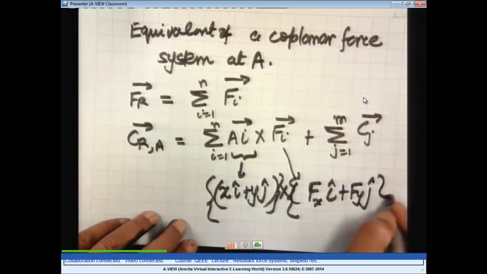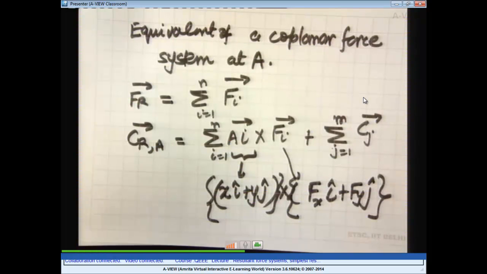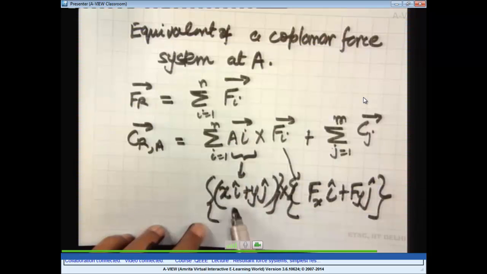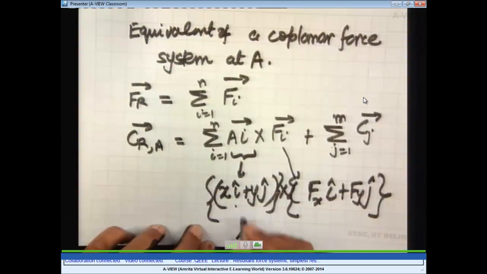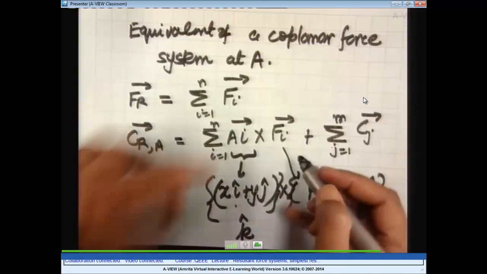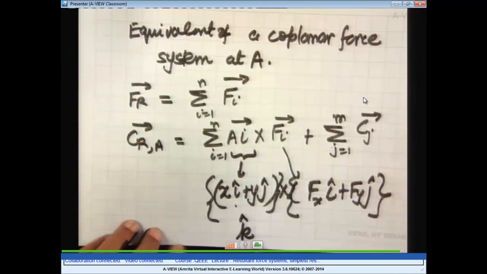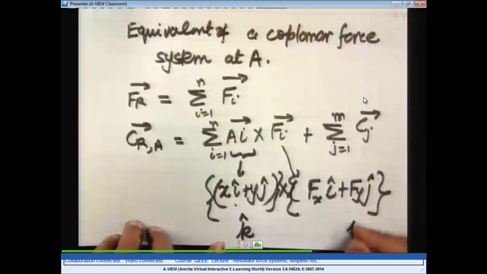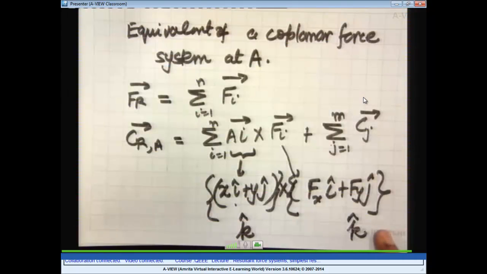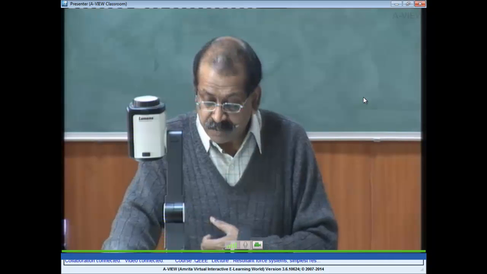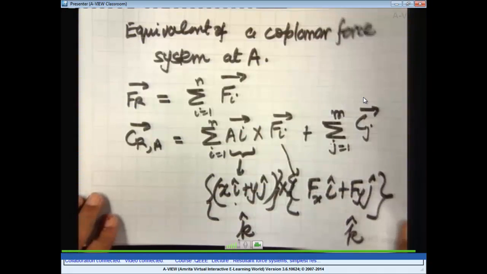So now when we take this cross product, i cross i will give me 0, i cross j will give me k, j cross i will give me minus k. So the net component of CR at A which I am going to get from Ai cross Fi will be along the k direction. And similarly, the net component which I am going to get from Cj will be along k, because that is a restriction which I have placed on a coplanar force system.